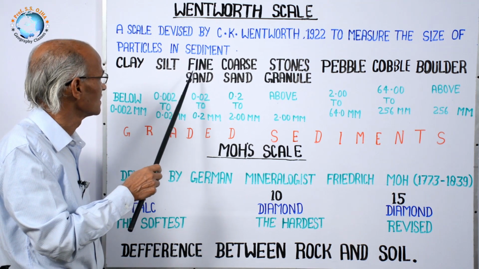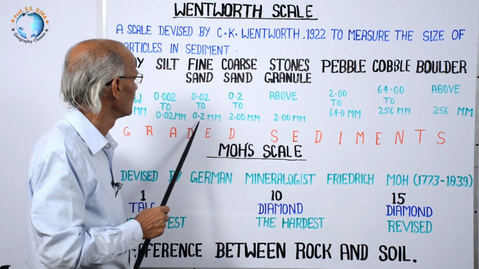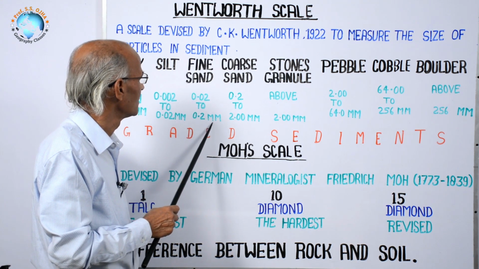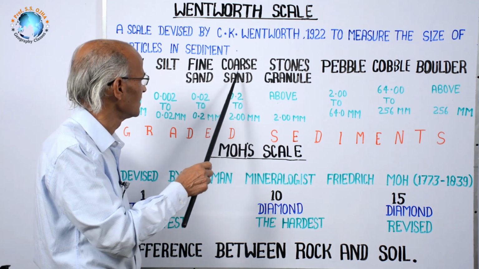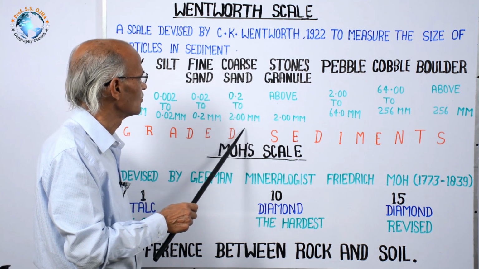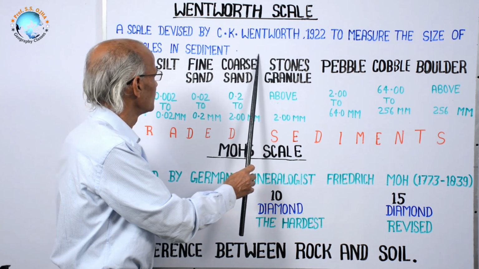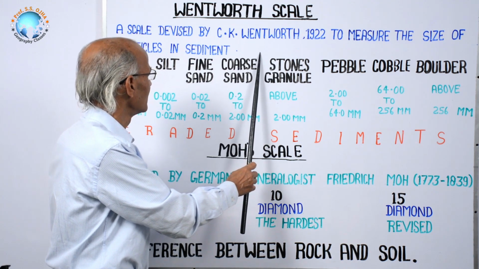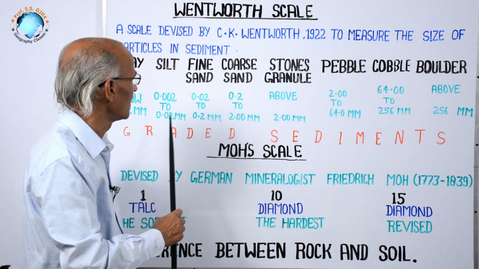Larger than silt is fine sand, diameter 0.02 to 0.2 millimeter, and then larger than fine sand is coarse sand, diameter 0.2 to 2 millimeter. So these are the four sediment particles which are found generally in soil.